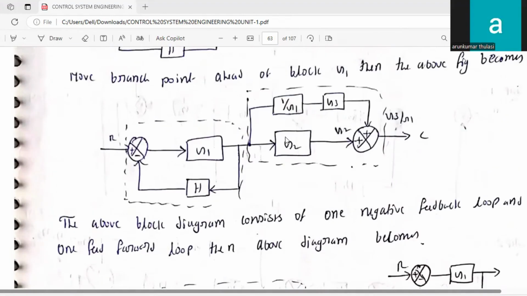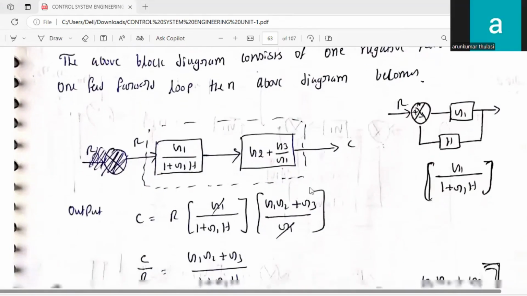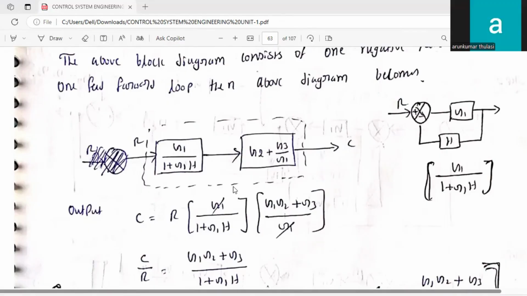And these three blocks: first, these two blocks are in cascade, so we multiply them and get G3 divided by G1 into G2. This cascaded combination is in parallel with G2, so we add G2 plus G3 divided by G1. So these are the blocks after elimination of the feedback loop and feed forward paths.